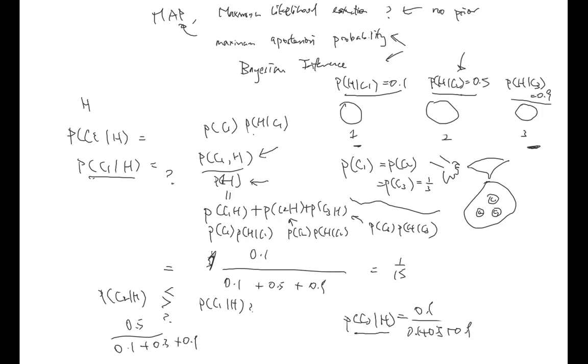So based on maximum likelihood, I will argue that the coin is likely to be C3, the coin that I actually picked from the bag and flipped to get outcome H is likely to be coin 3.